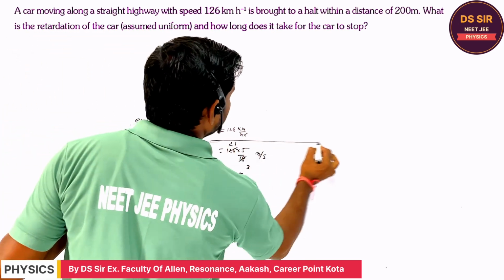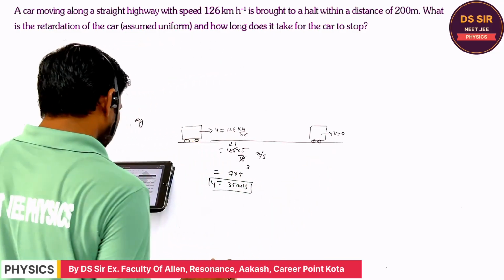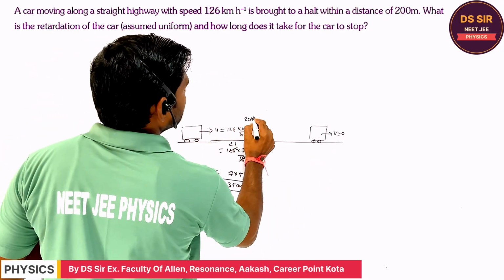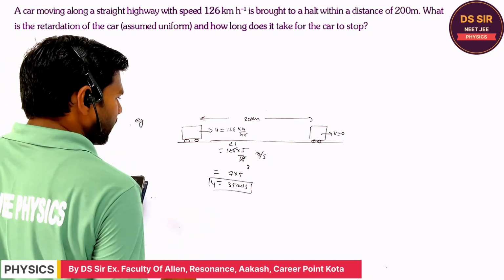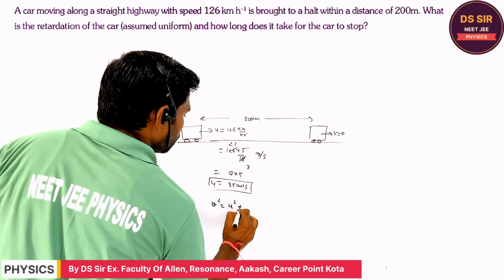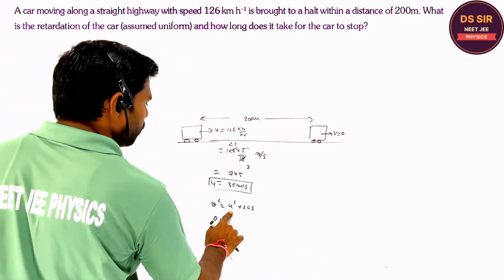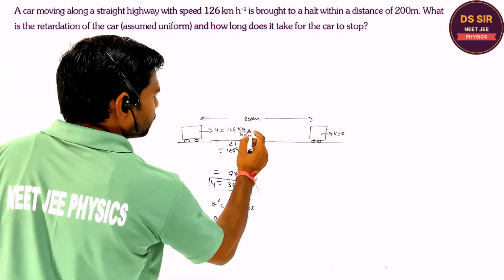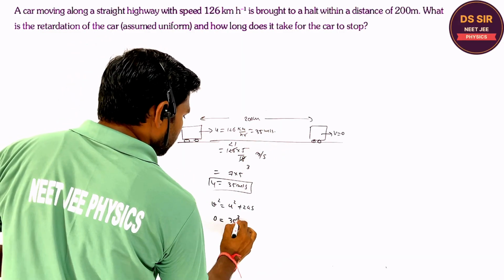And when the brakes are applied, it stops after some time. What distance does it cover? You will say 200 meters. Fine. So what they are asking is, what is the retardation? So v squared is equal to u squared plus 2as. You have to apply. The final speed is what? 0. The initial speed is 35 meters per second.